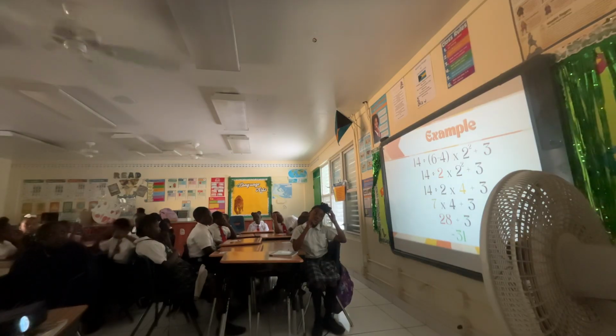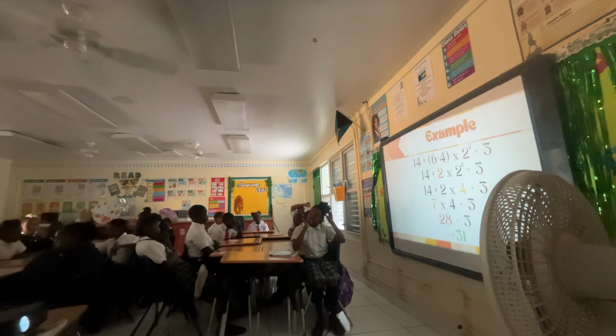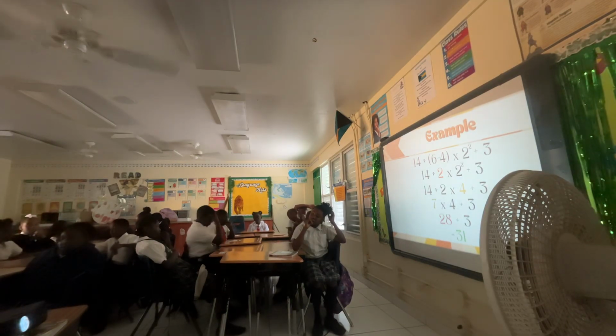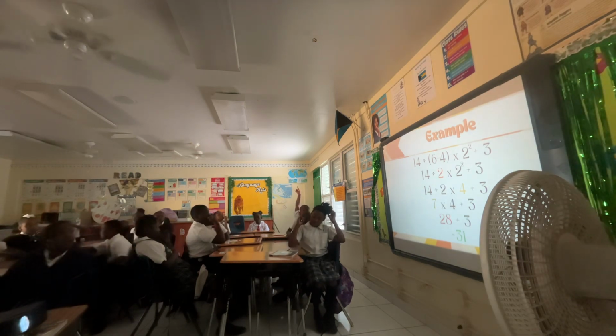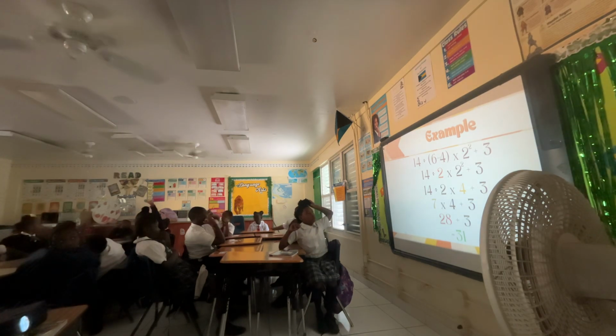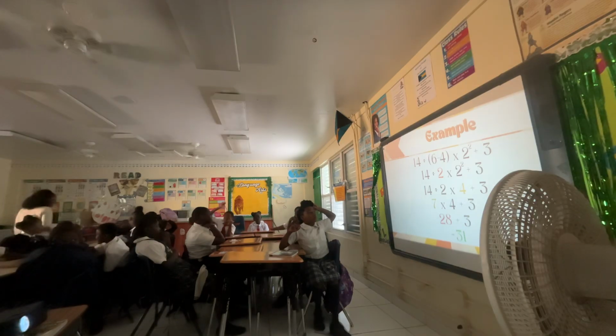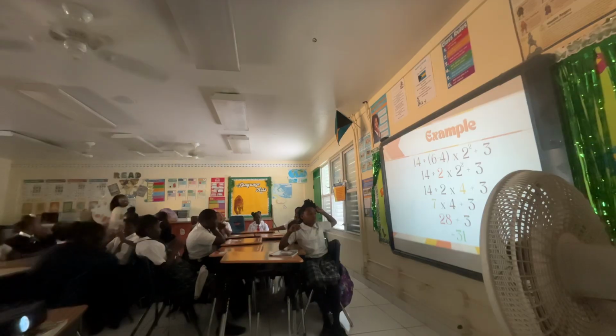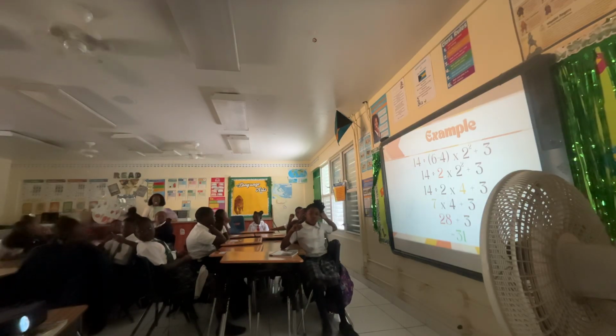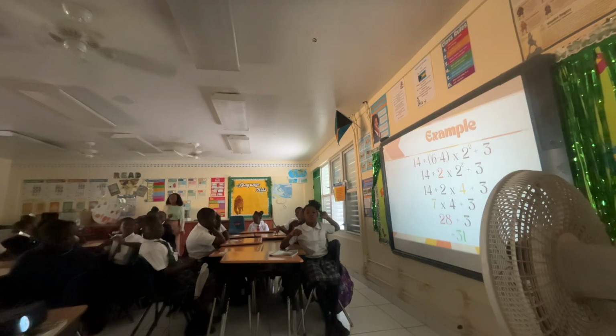What's the first step? Parentheses. We have to look at the numbers in parentheses. What numbers are in the parentheses? 6 and 4.